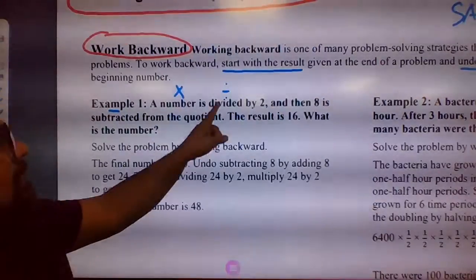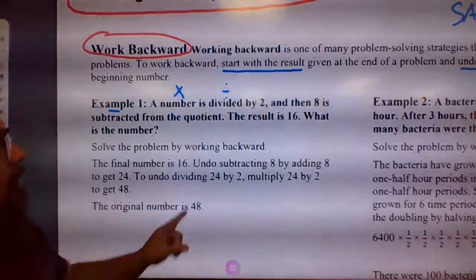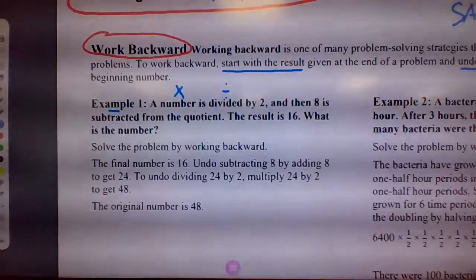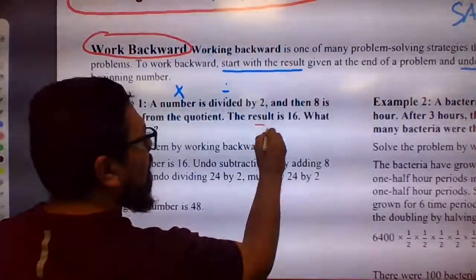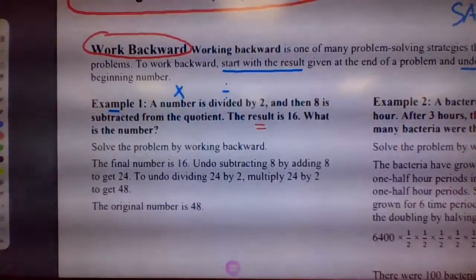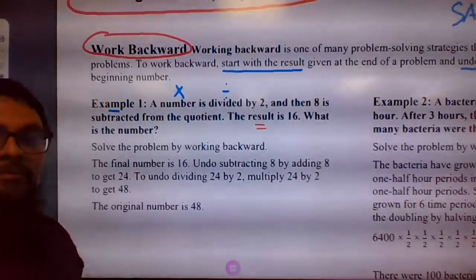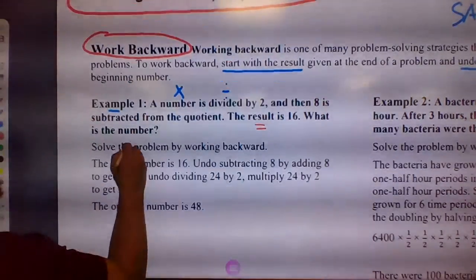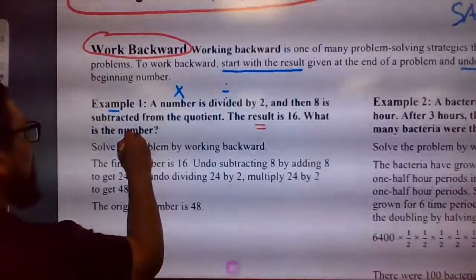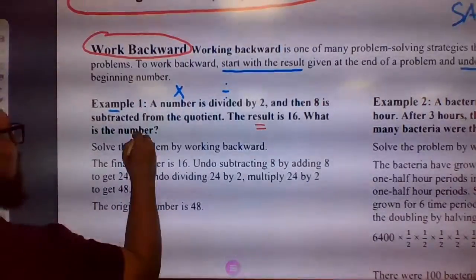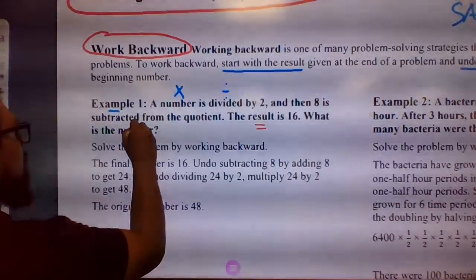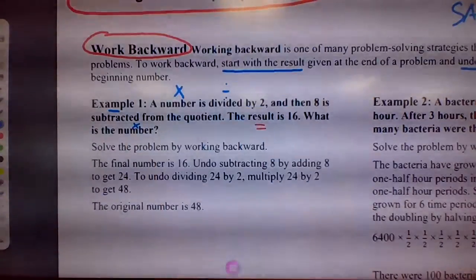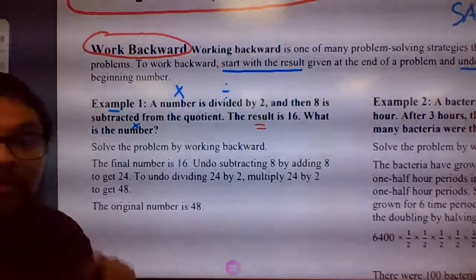So the quotient is the answer that you got up here. The result is 16. So the result usually means equals. What is the number? So what is x? What is the number x? Let's write it on top better. What is x?